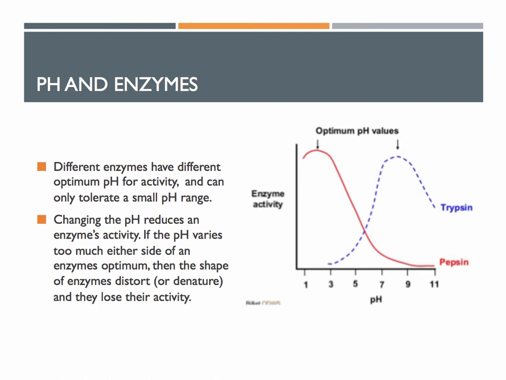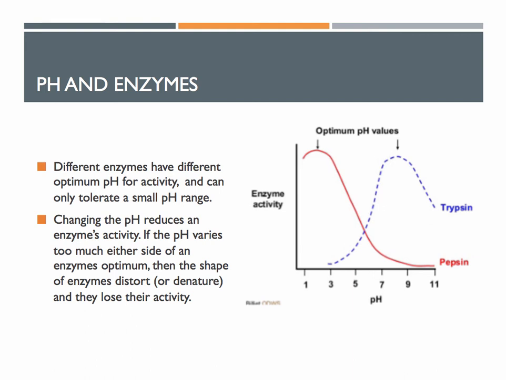So for example, different enzymes in our body, and you guys hopefully from the last lesson have a fair idea of enzymes and why they're important now. So different enzymes in our body have different optimum pHs for activity. And they can only tolerate a reasonably small change in the pH.